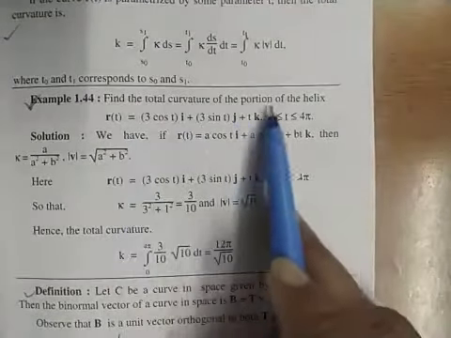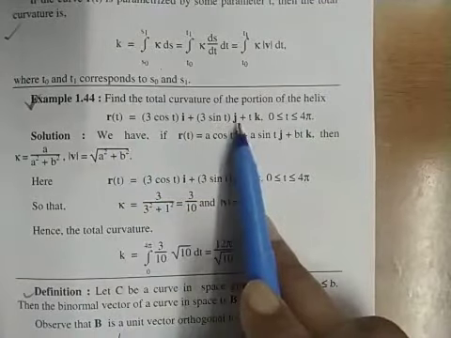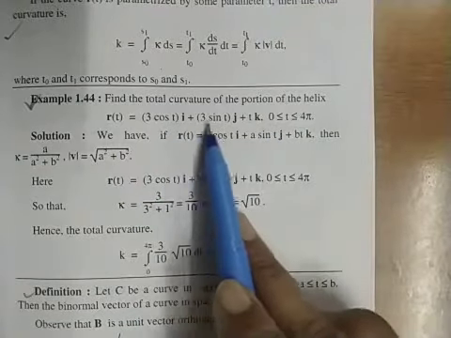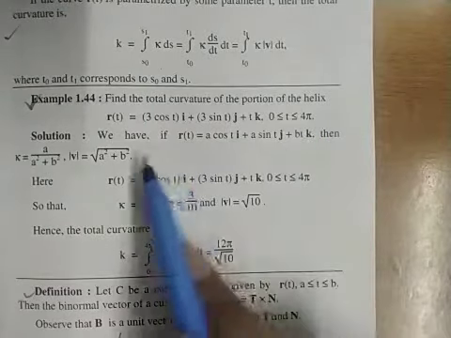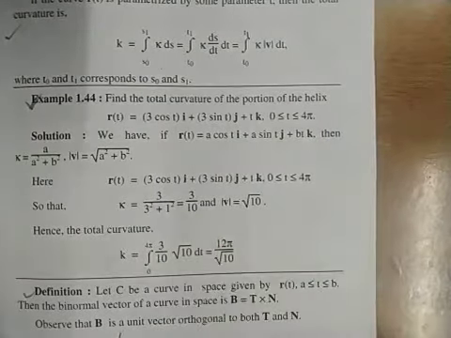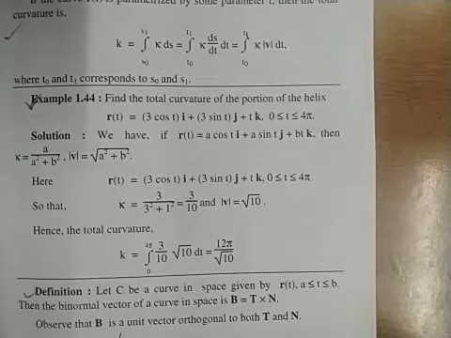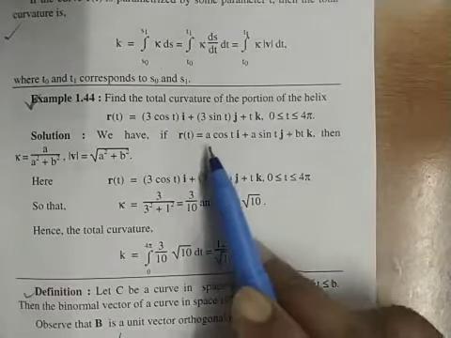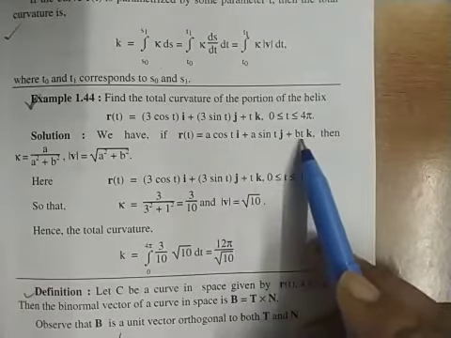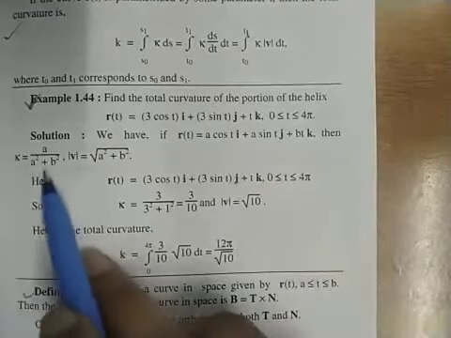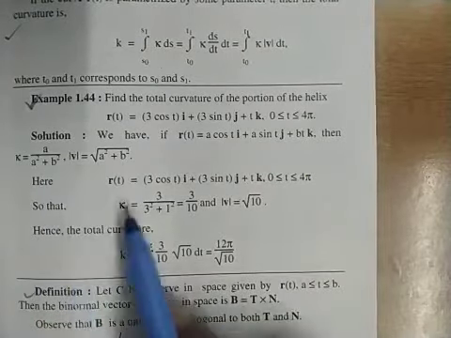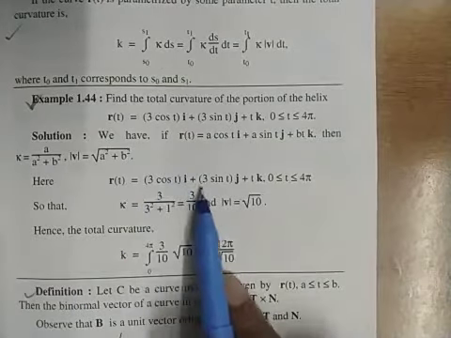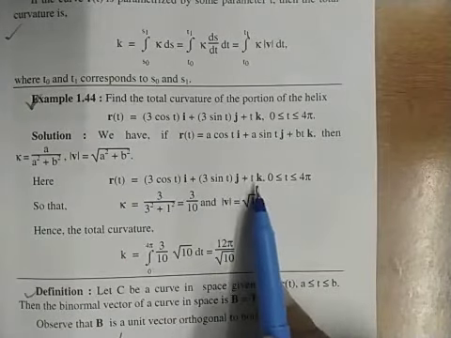Find the total curvature of the portion of helix r(t) equal to 3 cos t i plus 3 sin t j plus t k, where t varies from 0 to 4 pi. In this lecture we already solved that if r(t) is a cos t i plus a sin t j plus b t k, then curvature is a upon a square plus b square and mod v is square root of a square plus b square. Here r(t) is 3 cos t i plus 3 sin t j plus t k.